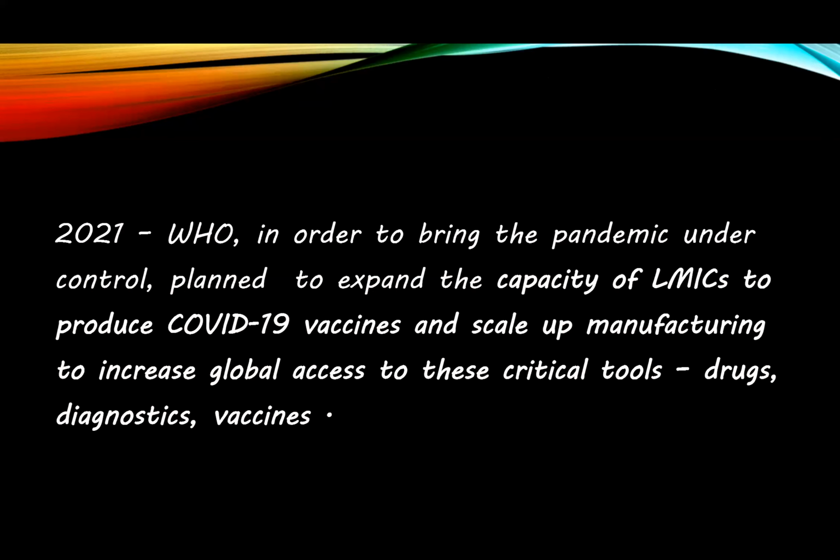WHO, in order to bring this pandemic under control, planned to ensure that there's capacity in different parts, the low to medium income countries, so that they can begin to produce COVID-19 vaccines and scale up manufacturing, so that we can have global access and reduce the problem of inequitable distribution, not just for vaccines, but also for drugs and diagnostics. That was early in 2021.